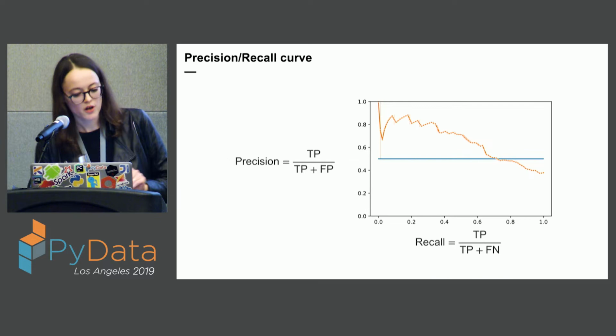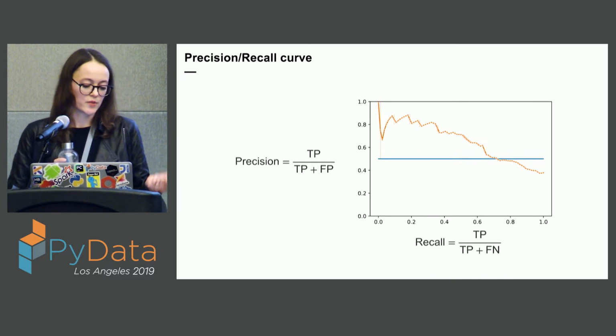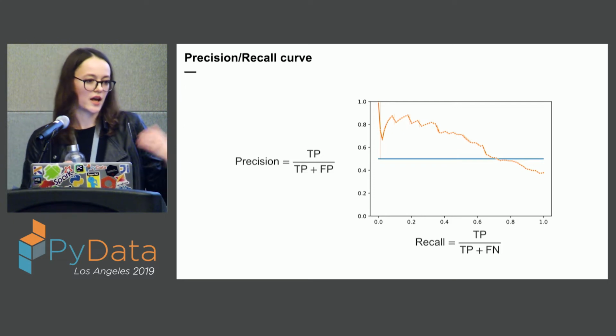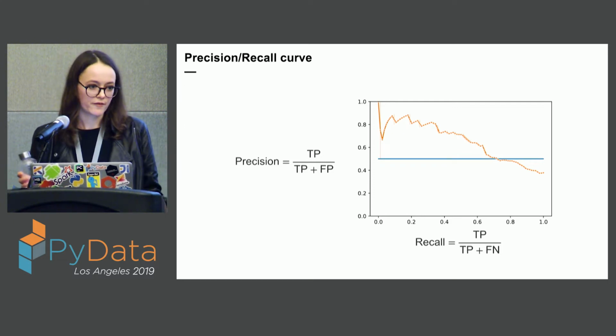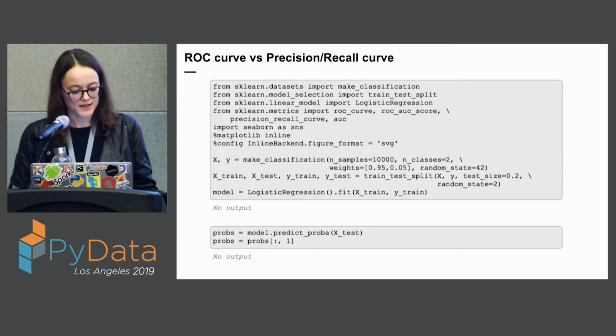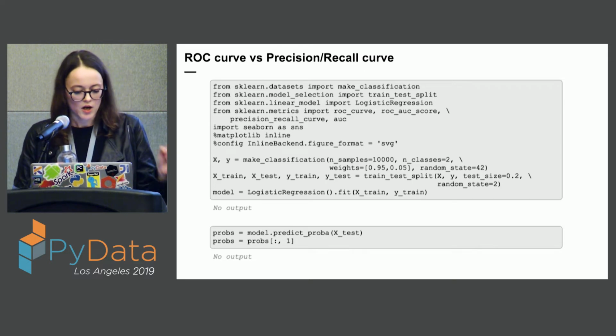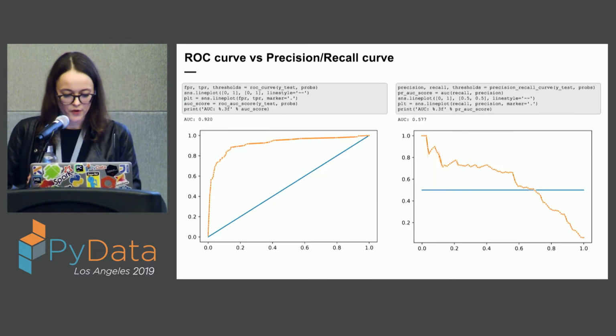So that's not the only curve that you can use. There's also the precision recall curve. And this is a very similar thing, except now on the axes you have precision and recall. How are they different? Well, it comes back to imbalanced data. So the same example with class imbalanced data, we take probabilities and we plot both curves.